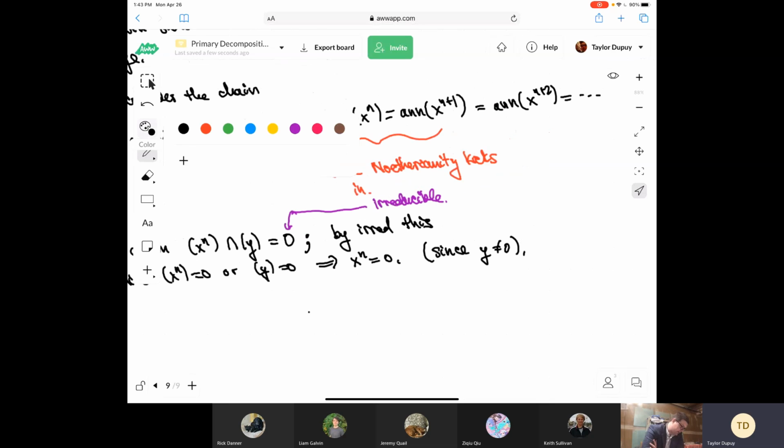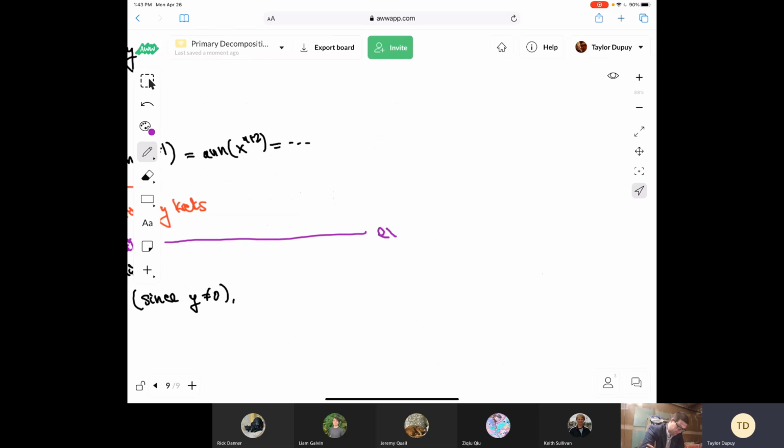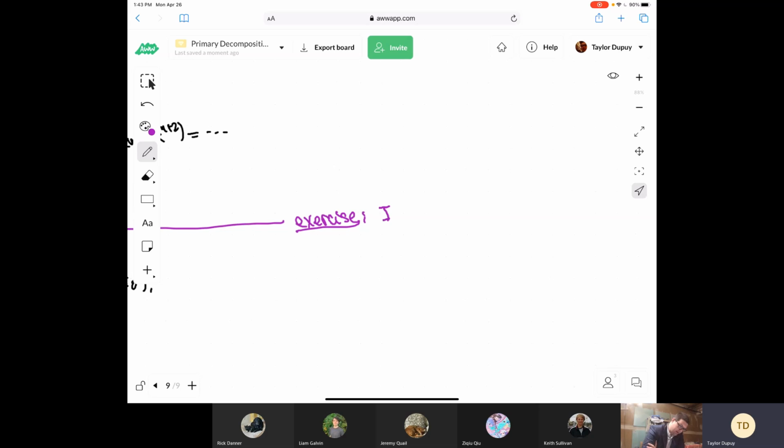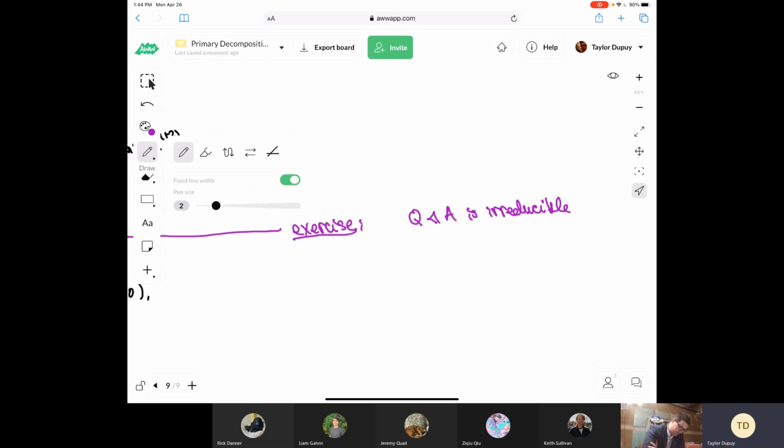So for this part, we're going to need a little exercise that I forgot to mention here: Q is irreducible if and only if 0 in A mod Q is irreducible.